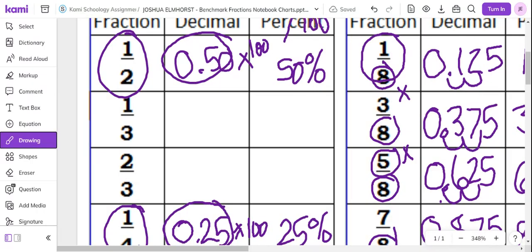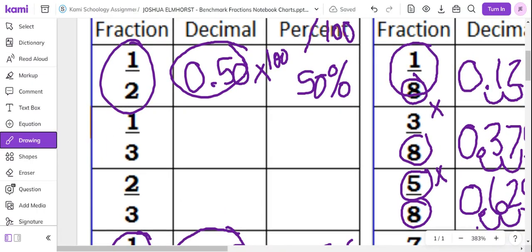So let's go back and let's do 1/3. All right, so we have 1 divided by 3. So long division: the top of the fraction goes inside the division, the bottom of the fraction goes outside. So we're going to change 1 out of 3 into how many out of 10s?